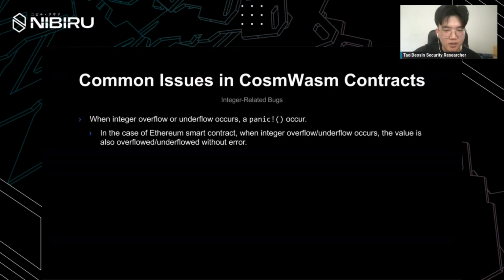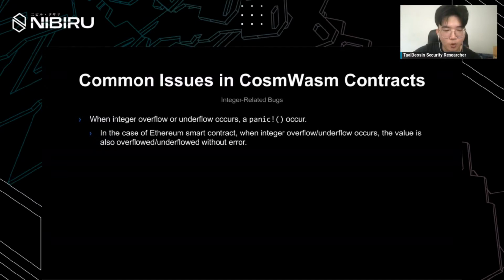When we develop Ethereum smart contracts, when an integer overflows or underflows, the value will be overflowed or underflowed without error. So developers may not realize the overflow or underflow issues.